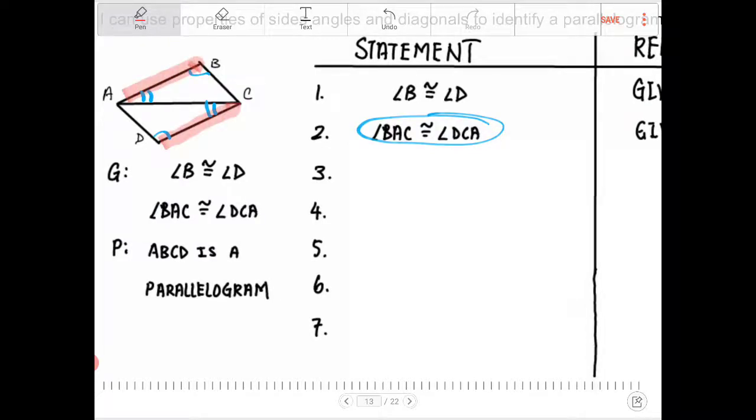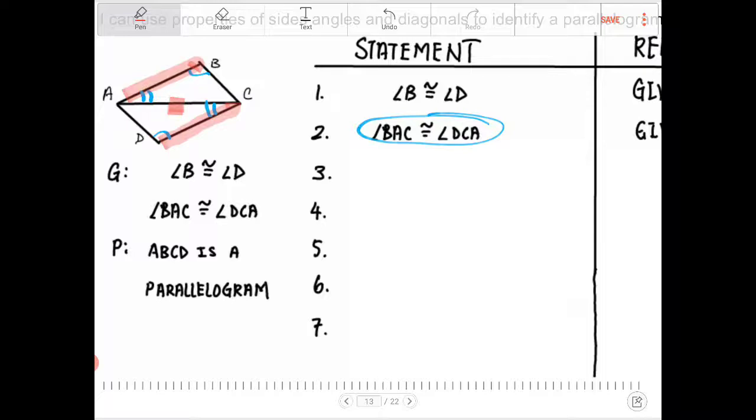Why? Because in line 2, those are alternate interior angles. And if those are alternate interior angles and those two sides are parallel, and I also recognize that AC is congruent to itself, I can immediately say that triangle ABC is going to be congruent to triangle CDA because of angle side.